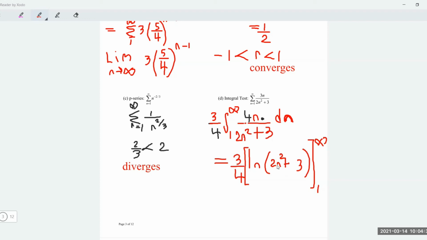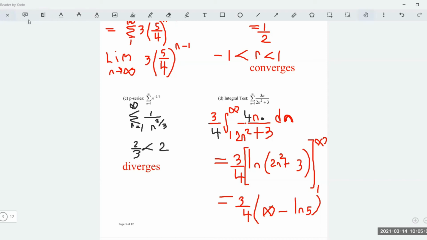Plugging in 1, you're going to get ln 5. So this works out to be 3/4 times infinity minus ln 5, but this is still just infinity. So this diverges, because this is not going to a finite value.